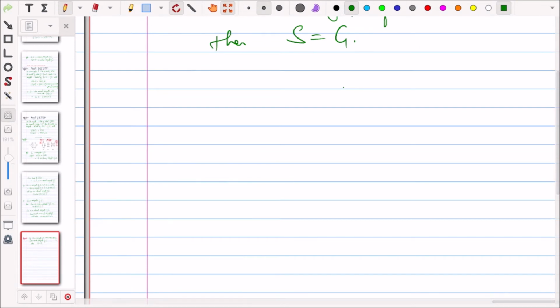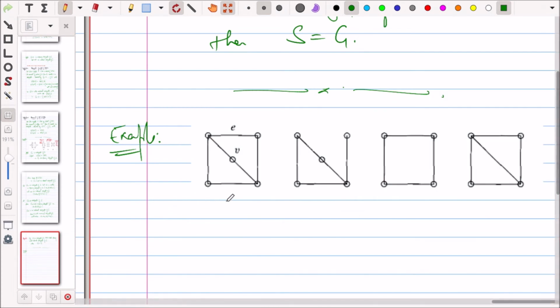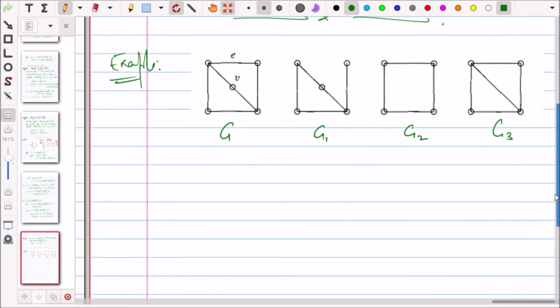Let us see the removal. We have now seen subgraphs, and now let us see what removal means. So this is G, this is G1, this is G2, this is G3. What about G1, G2, G3? So what about G1?